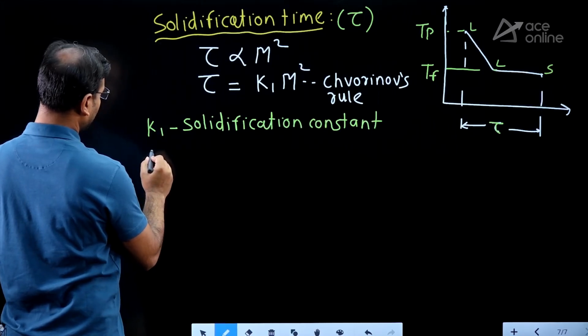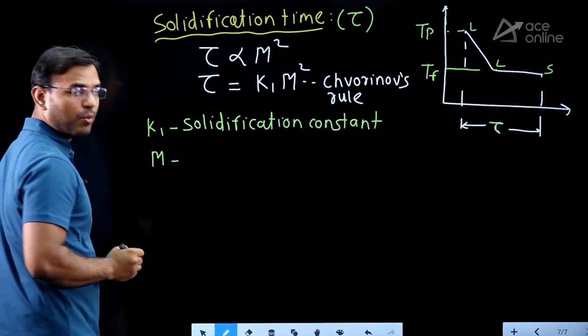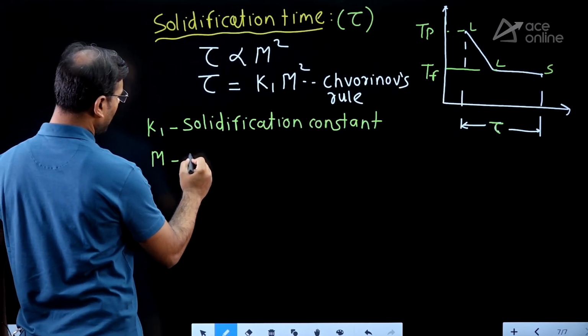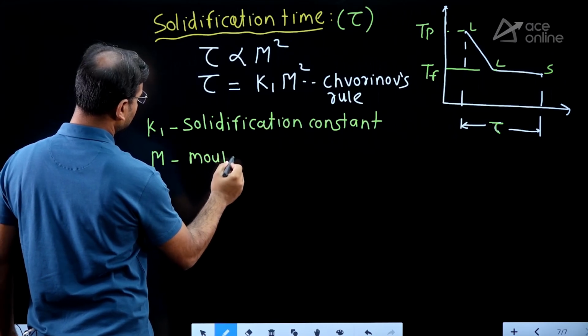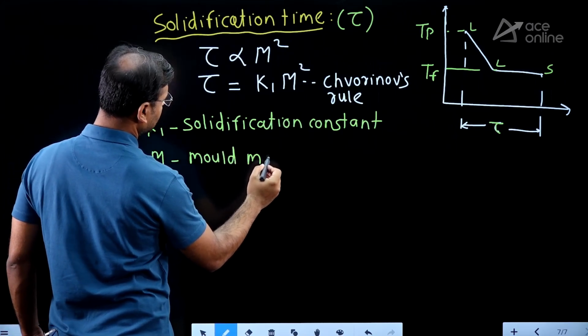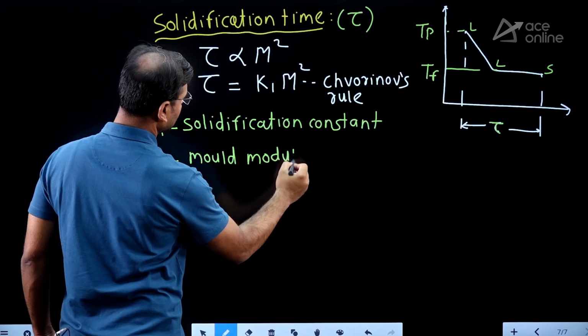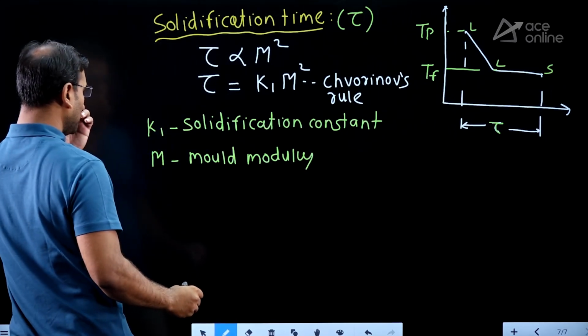Then here you can see the capital M is known as modulus, and that modulus is the mold modulus.